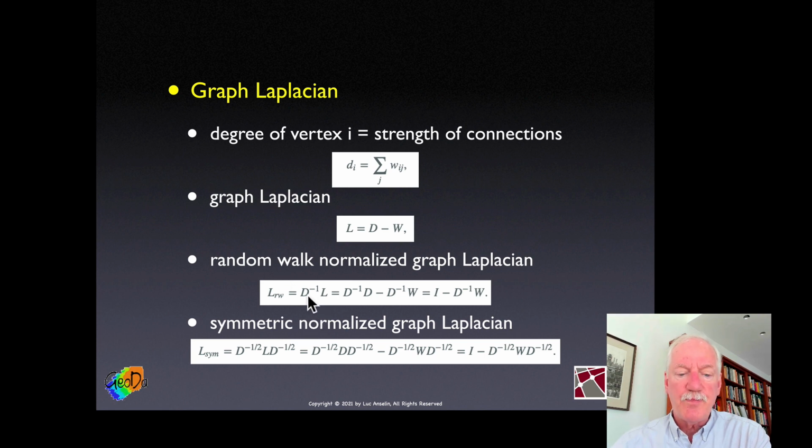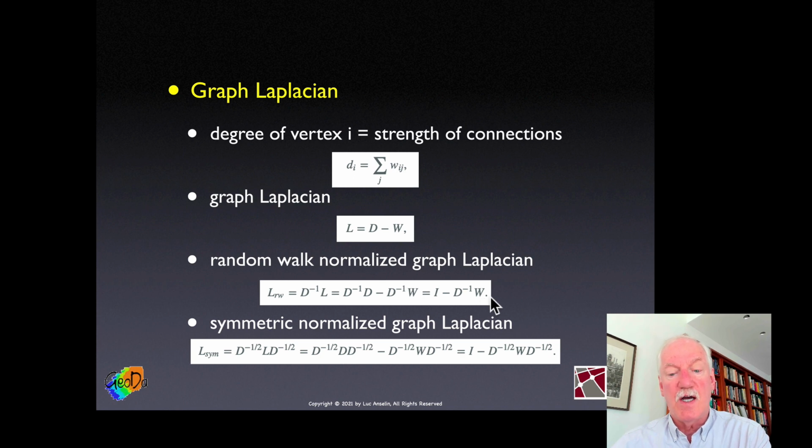So pre-multiplying by 1 over the degree is the same as dividing each row in this matrix by the matching degree. So if we apply this to the expression for the graph Laplacian, it is the inverse of D times D, which is the identity matrix, minus the inverse of D times the original adjacency matrix. So this is one transformation.